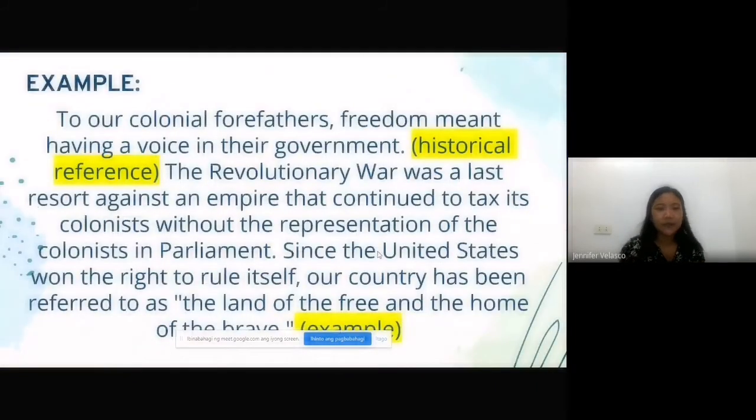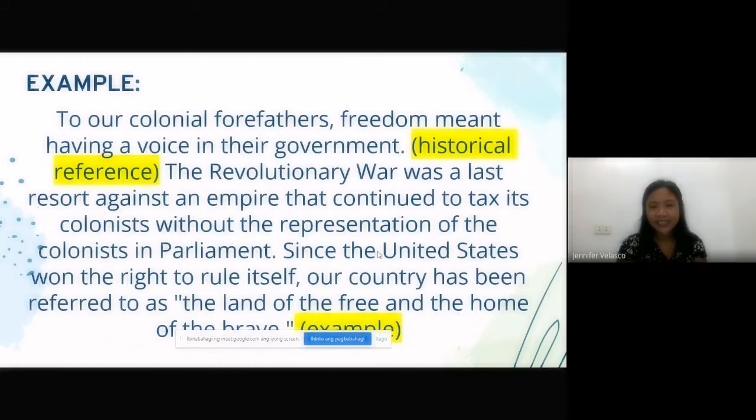To our colonial forefathers, freedom meant having a voice in their government. The Revolutionary War was a last resort against an empire that continued to tax its colonies without the representation of the colonies in parliament. Since the United States won the right to rule itself, our country has been referred to as the land of the free and the home of the brave.